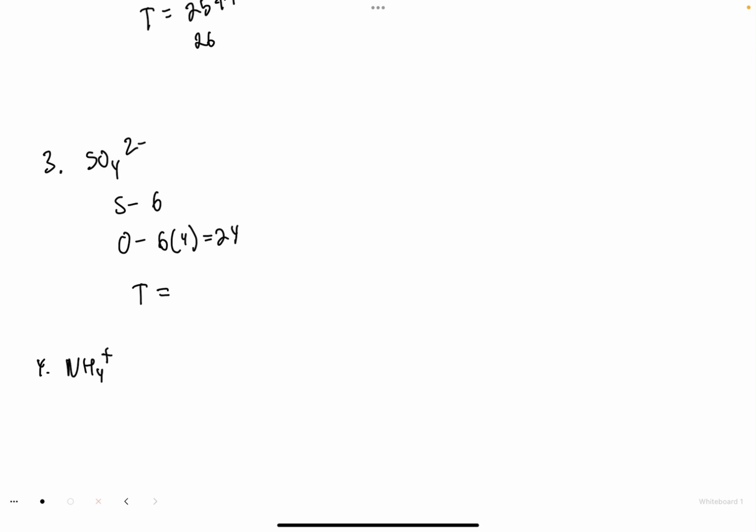And then the total would be 30, but in addition 2, so that's 32 valence. So let's draw this out. Let's put sulfur in the middle and do a square where we have 4 oxygens.